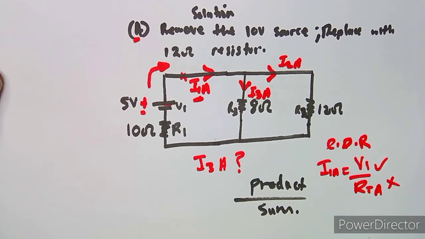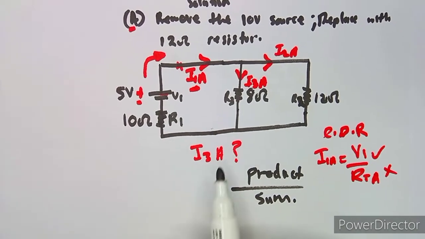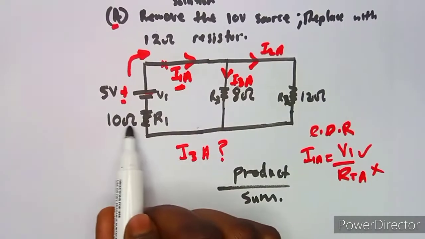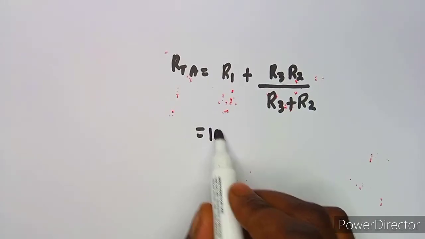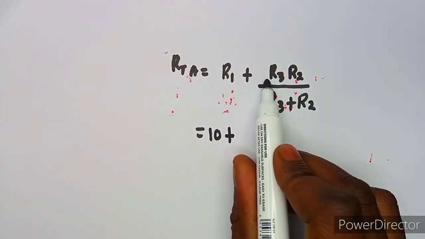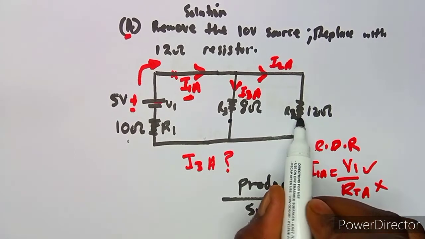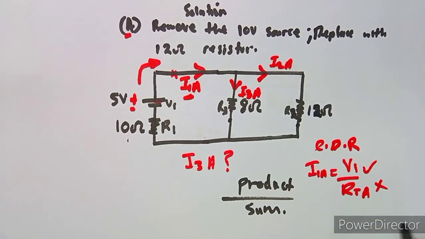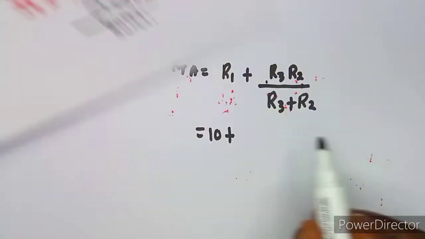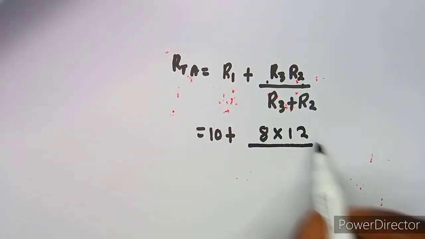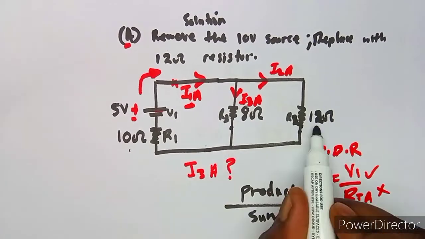In this case, guys, what are we going to do? We have to take now the resistors and substitute. That is R1, which is 10. So you've got 10 here plus R3 times R2, which is this 8 times 12. Take note, this is 12 there. So it's 8 by 12 like this. Everything over, you add 8 plus 12.